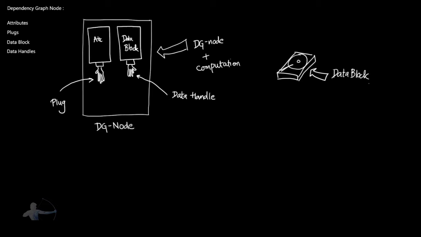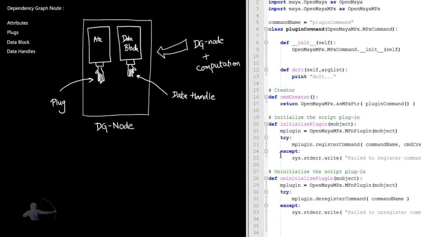Building a dependency graph node is a lot similar to building a Maya command. So we will take a look at the code which we wrote previously when we understood how to write the Maya command.